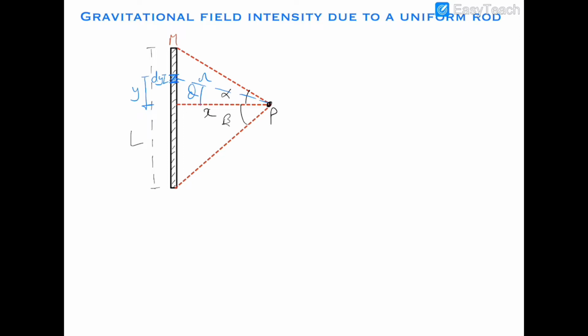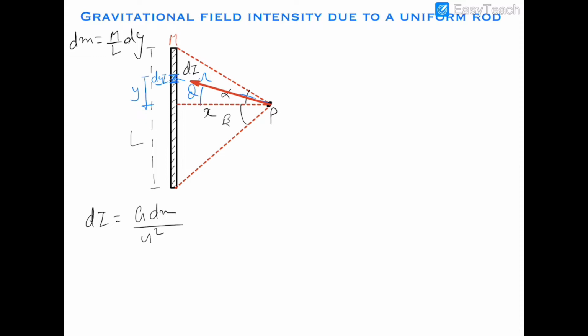So the mass of this element dm will be equal to m by L into dy, and therefore the gravitational field intensity would be pointing towards this element, dI. dI would be equal to G dm divided by r square by Newton's law of gravitation.